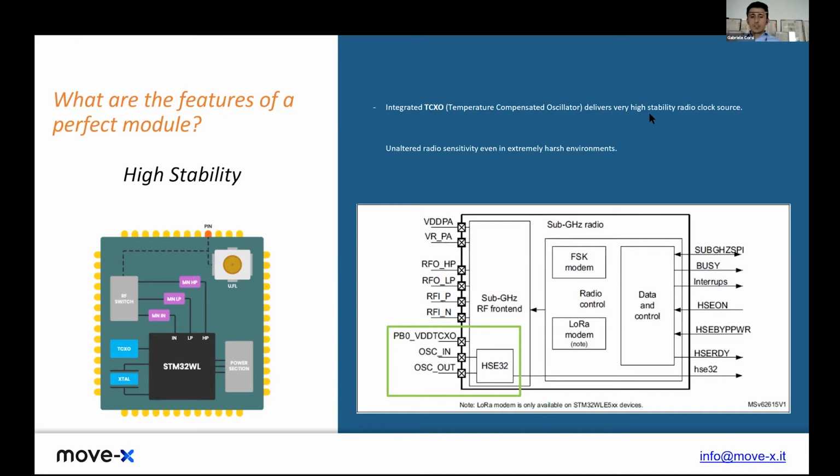That's also very important for the sensitivity of the radio, because deviation on the frequency of the radio will lead to lower sensitivity. And extremely high sensitivity is one of the key aspects of LoRaWAN, so you don't want to lose it.